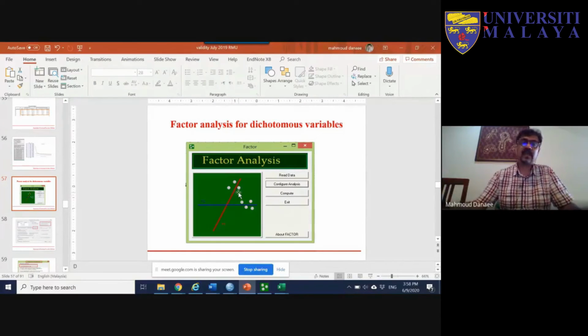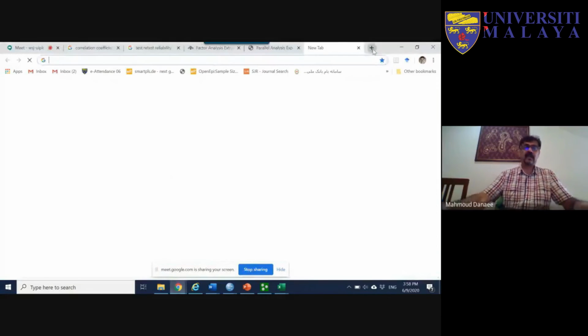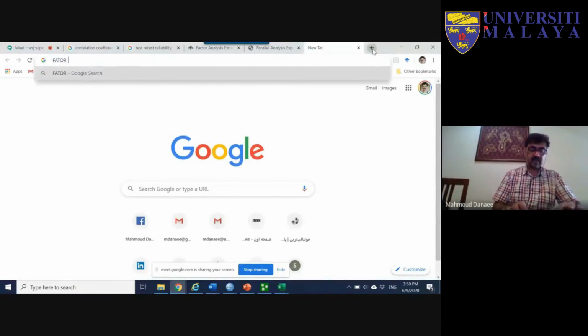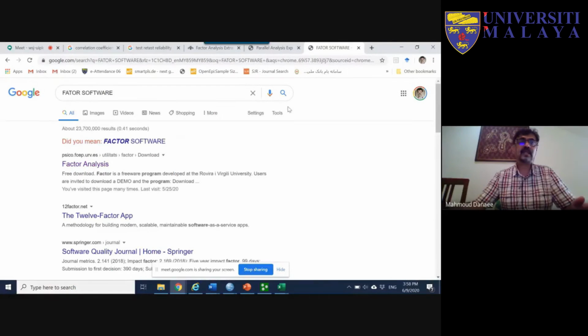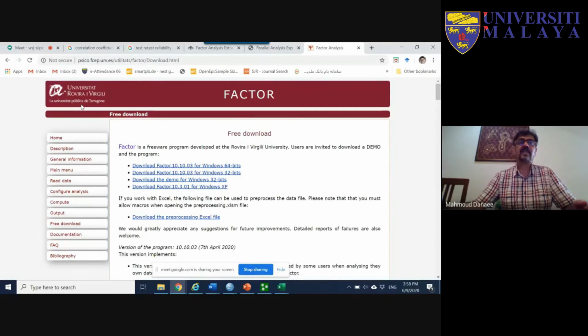Factor can be downloaded easily and free of charge. If you just Google it, the first link is from a university in Spain, Rovira i Virgili, in Tarragona.